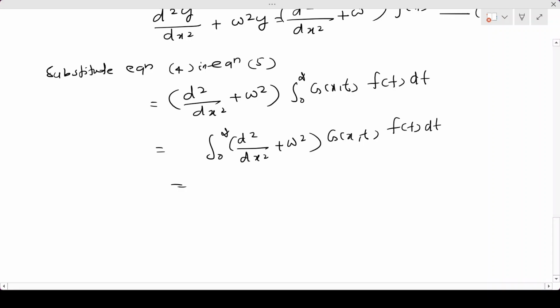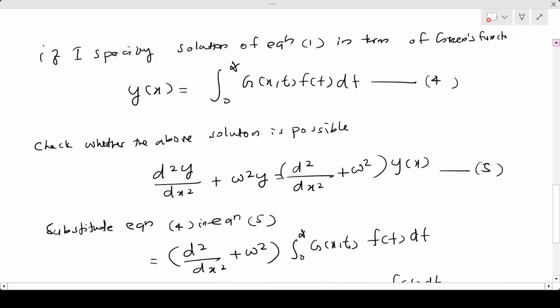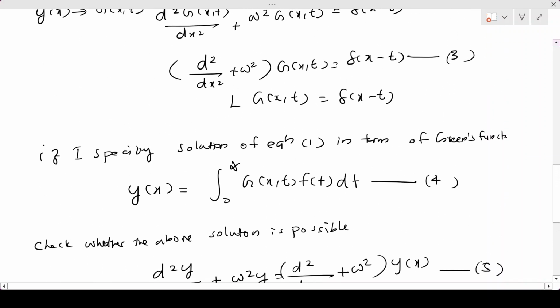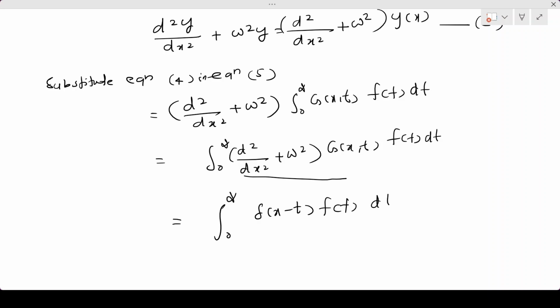We have seen that this portion has a solution in equation number 3. Equation number 3 says that d square by dx square plus omega square g of xt is delta x minus t. So I can replace this part with delta x minus t, giving the integral 0 to infinity delta x minus t f of t dt.